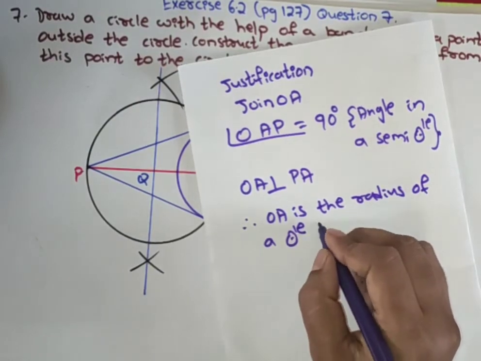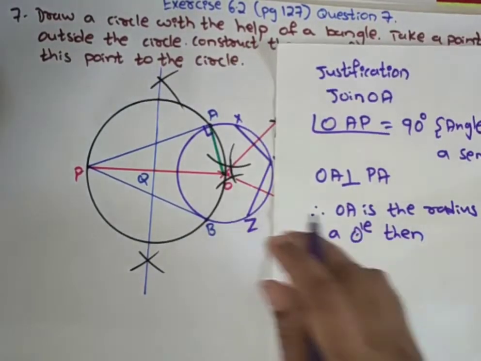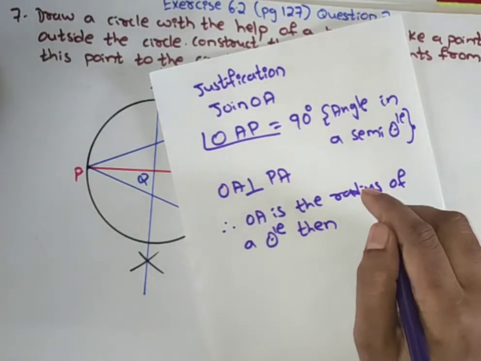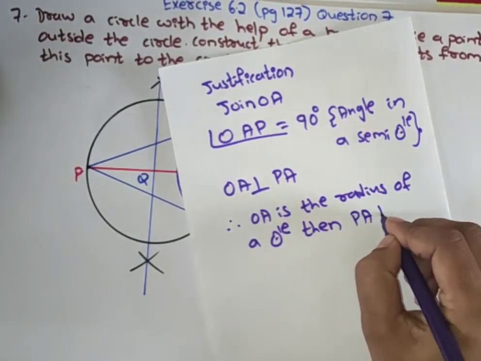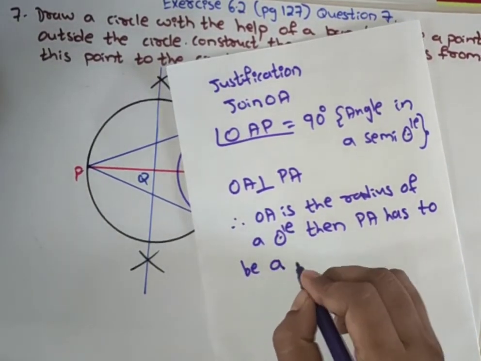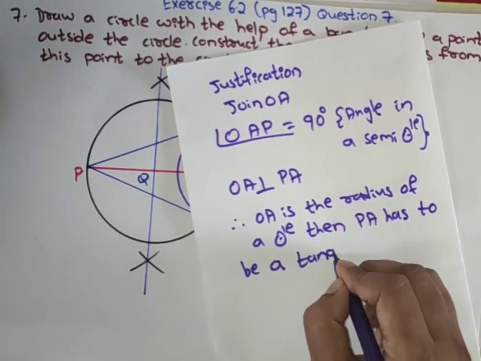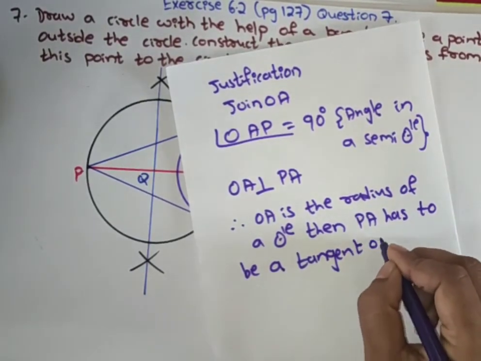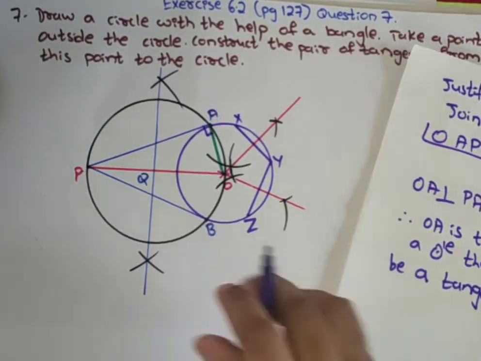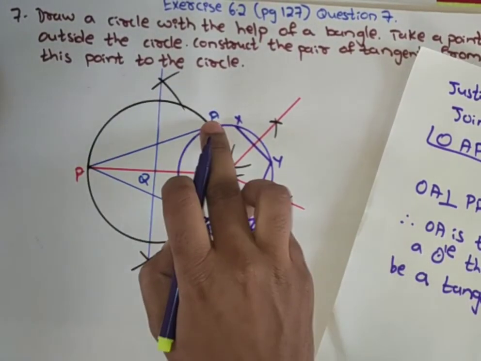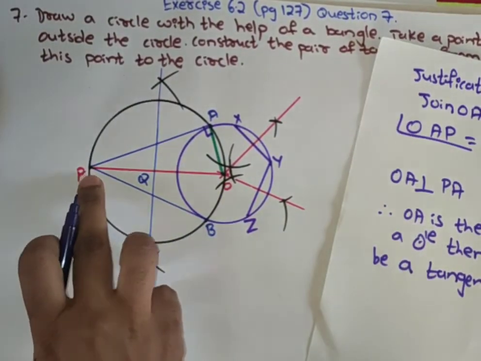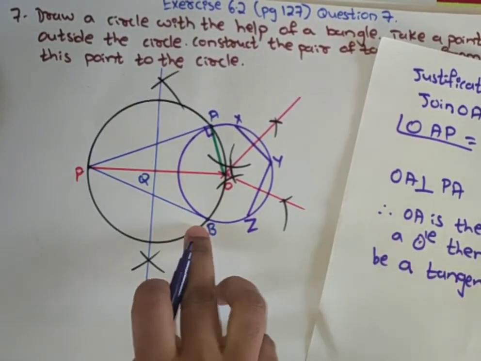If it is a radius, then no doubt PA has to be a tangent of the circle. See, this PA is a tangent. Now we have proved it. Similarly, PB is also a tangent.